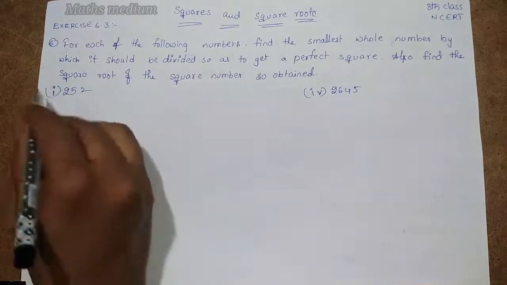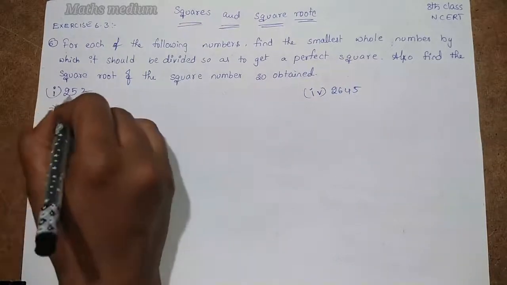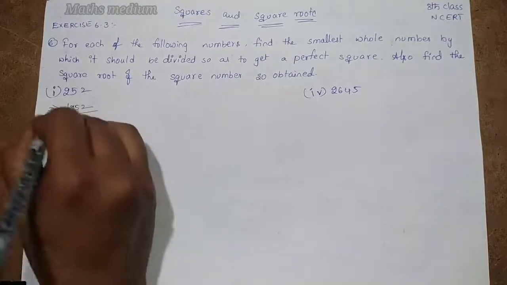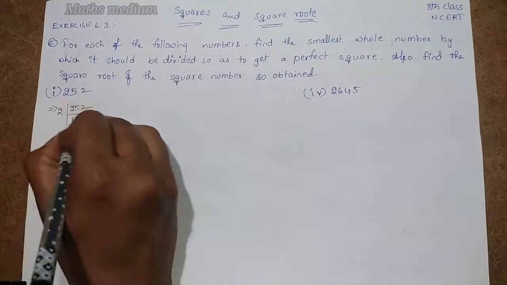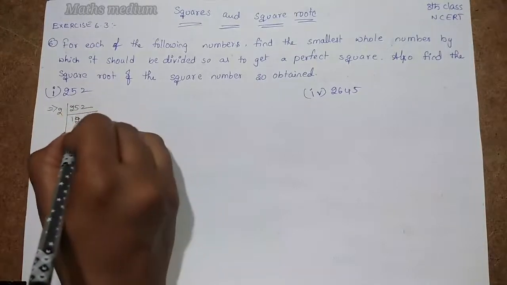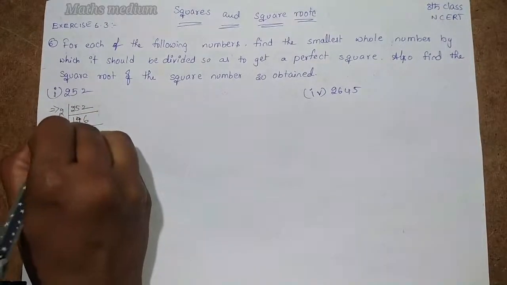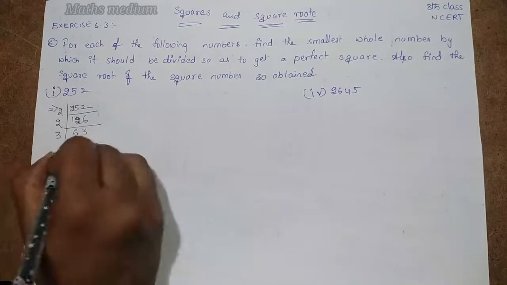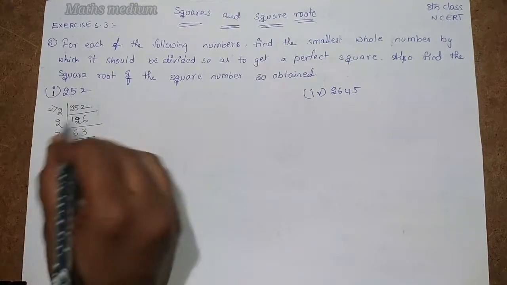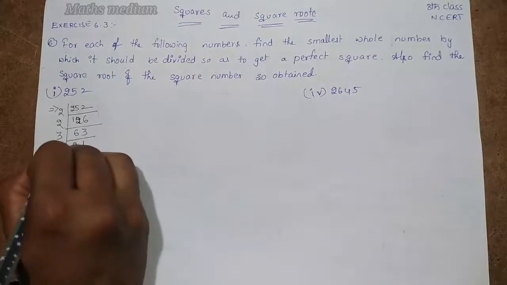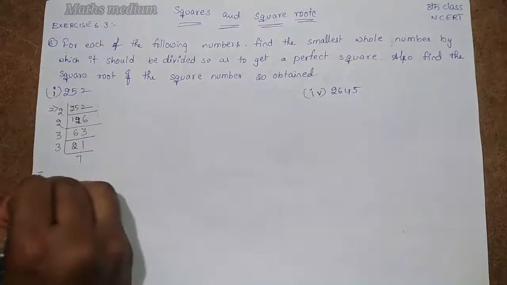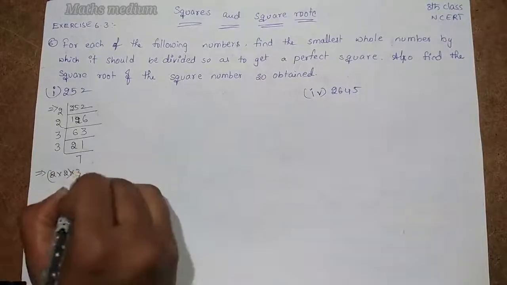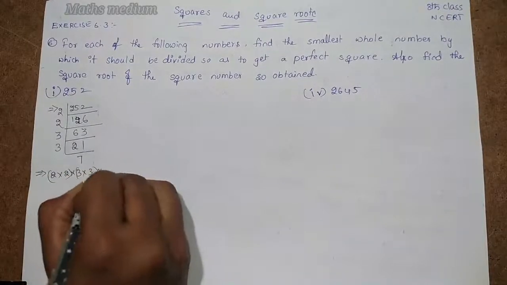So let's start here. Take 252 for prime factorization. Make it as prime factors. 2 1s are 2, 2 2s are 4, 12 remains. 2 6s are 12, 2 3s are 6. Now by using 3, 3 2s are 6, 3 1s are 3. Again by 3, 3 7s are 21. Now 2 into 2 into 3 into 3 into 7.